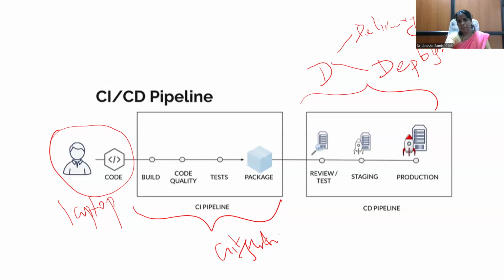So in the CD pipeline, review, test, staging, and production are carried out. Okay, so you already practiced both GitHub and Dockers. So in the CI/CD pipeline, we are combining both Git and Dockers. Okay, for delivery and deployment, we can use Dockers.